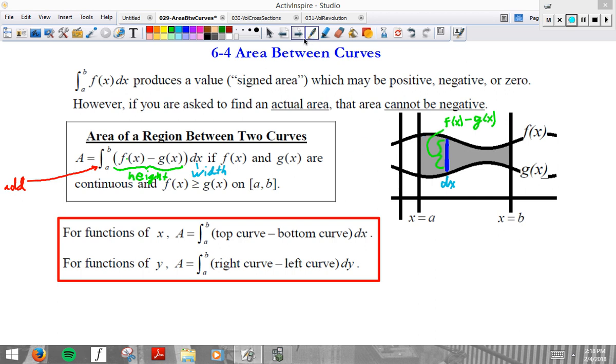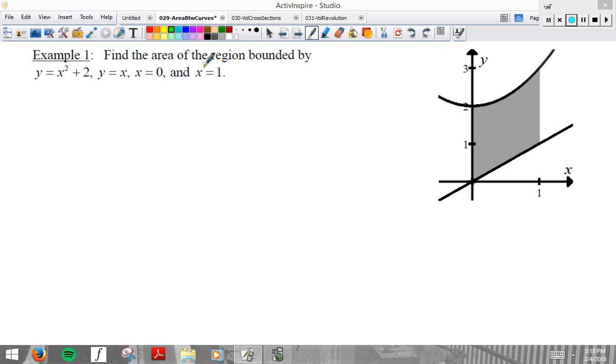Here we go. Find the area bounded between these shapes. y equals x squared plus 2, a parabola. That's why I know it's x squared. It's shifted up because of the plus 2. It opens upward because it's positive x squared.